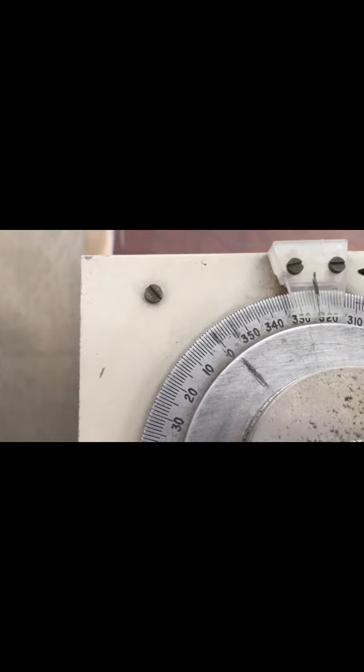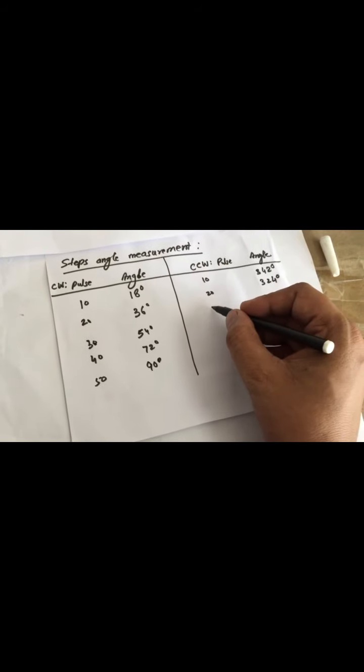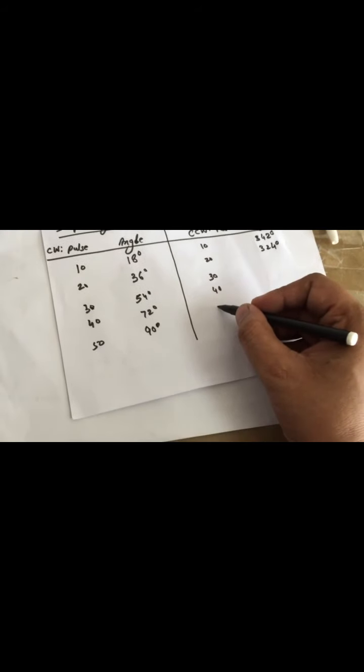Let me confirm. This is 320, 1, 2, 3, 4, 324. So this is 324 at next one. 20, 30, 40 and 50.